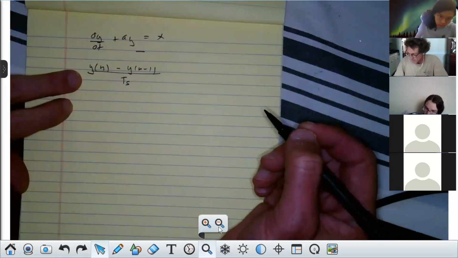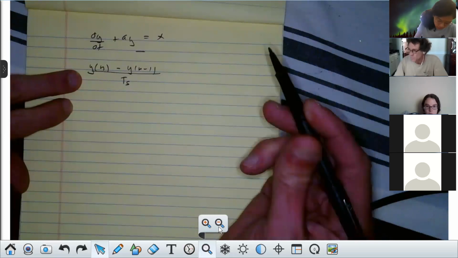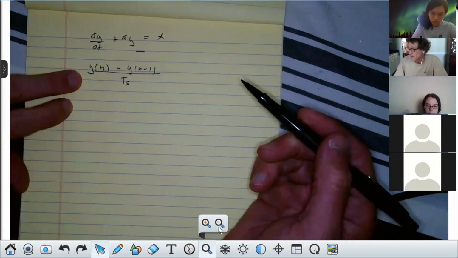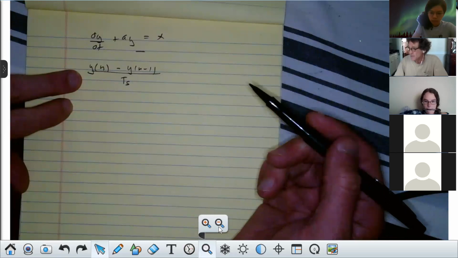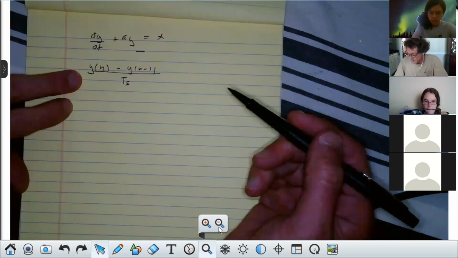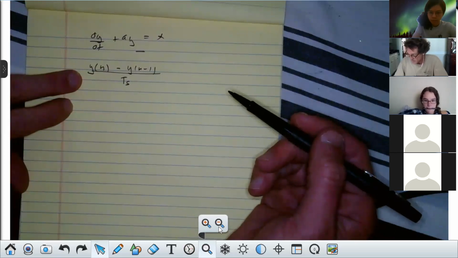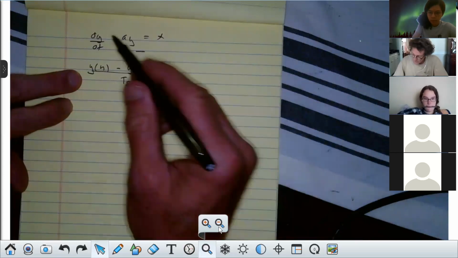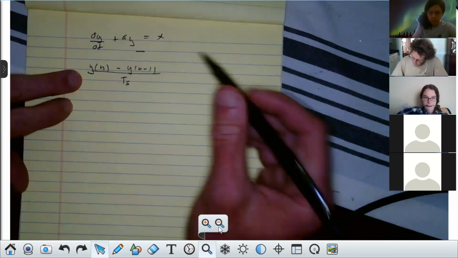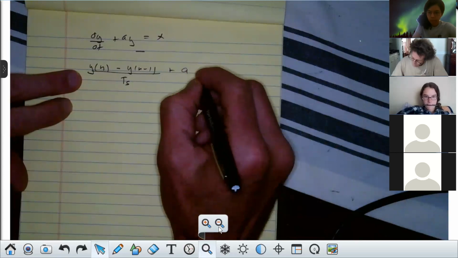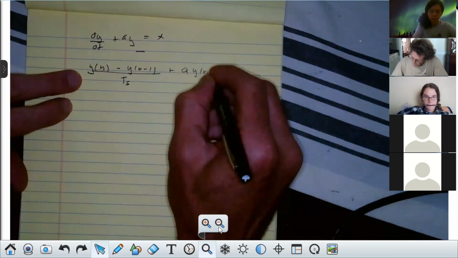And when you think about it, dy/dt is y of t minus y of t minus delta t over delta t. That's one method. You could use a central difference theorem, but for now, I think you all see the analogy. Then it's plus a times y of n equals x of n.